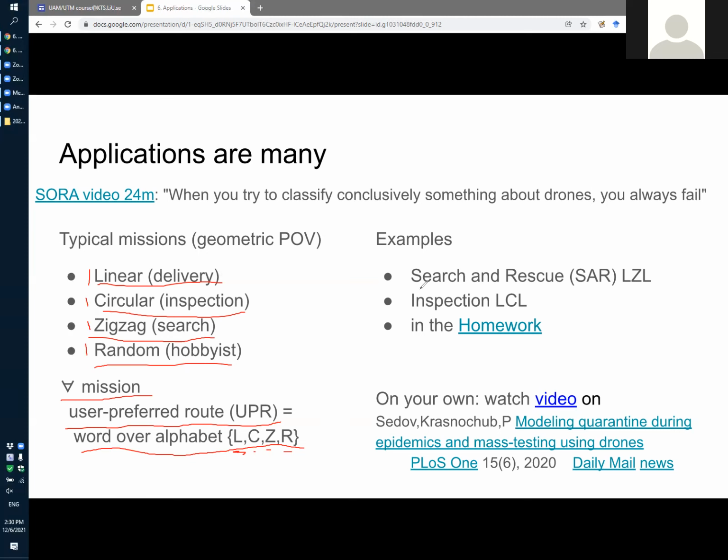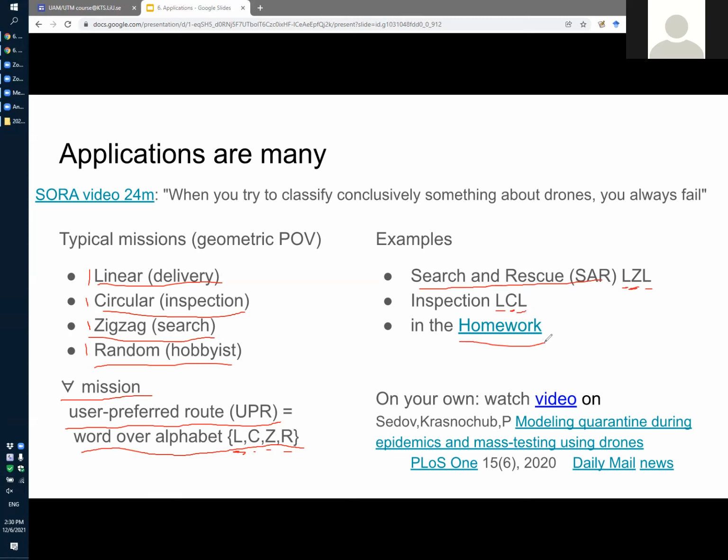For example, if you're doing search and rescue, then probably you fly into the place, then you're doing the zigzag to cover, and then you're flying back. If you're doing inspection, you go into the place, then maybe you're doing a circular route, if it's a building, and then again going back.